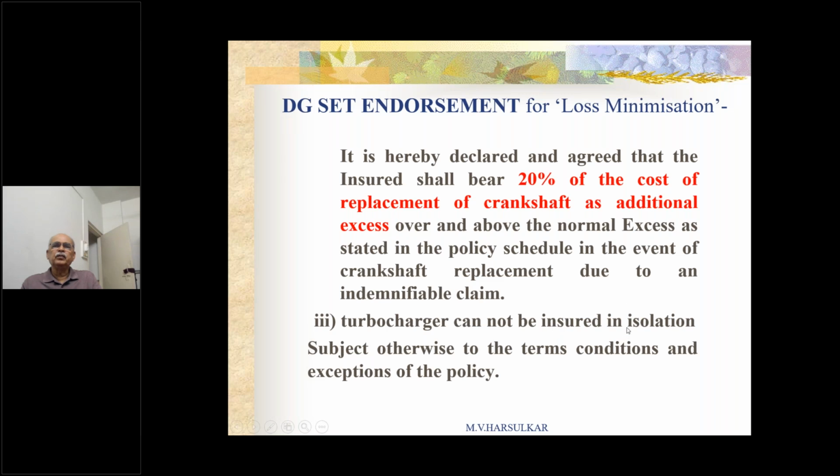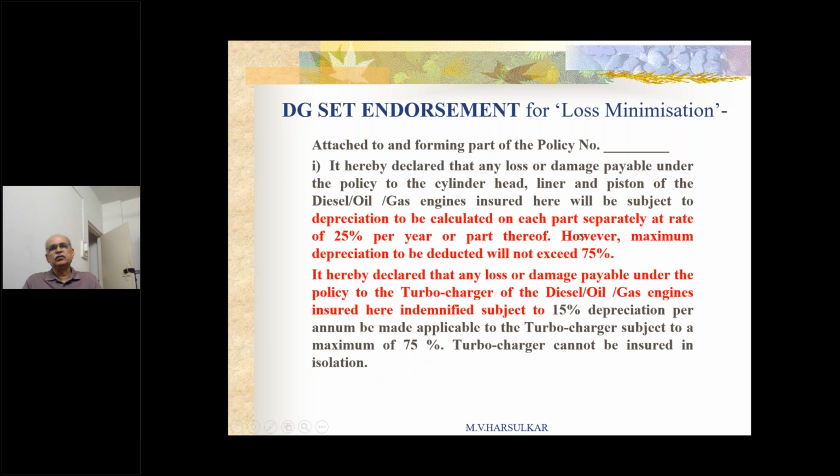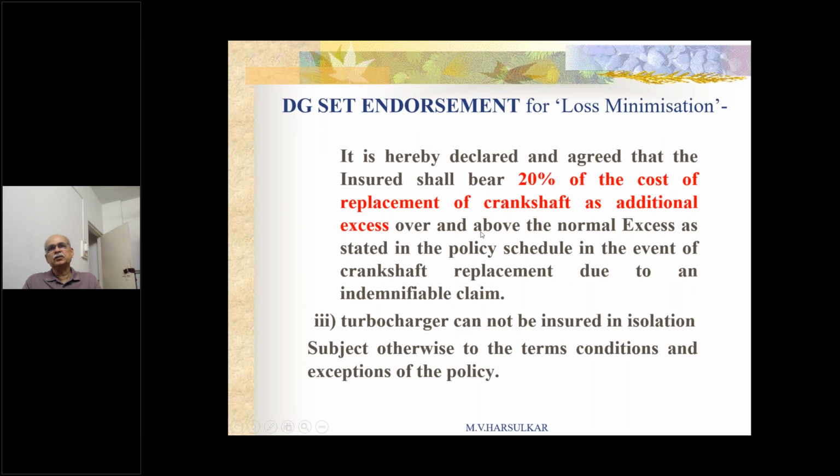So here they are putting this in the endorsement. This depreciation on piston ring is one issue, and additional excess for crankshaft is another. Most of the time the crankshaft is broken and other damages are there. If this is not there, then you may not be able to apply this 20% excess on the cost of replacement of crankshaft.